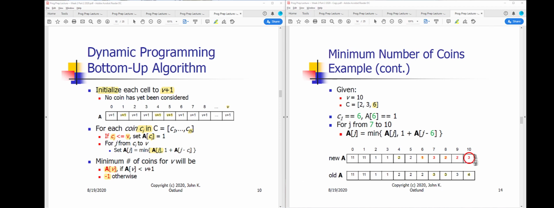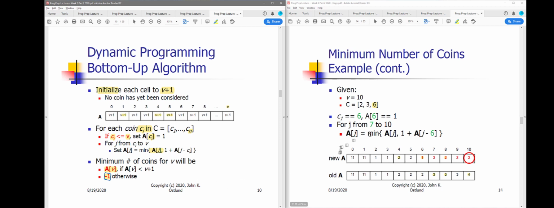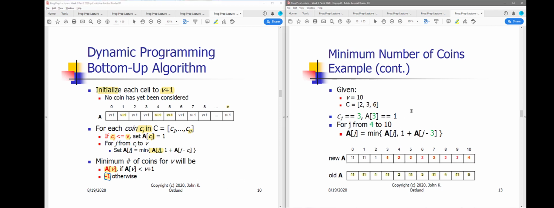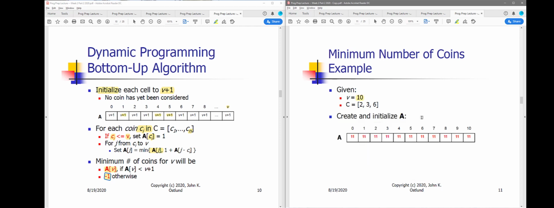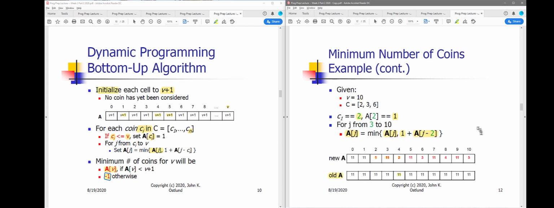It could happen that the final slot in this array contains the value 11 still. And in that case, we'll return -1 to indicate that we cannot make change. What would be an example? Well, we have a trivial example that we already saw. What if we asked for change for 9 cents and the only coin that we had available to us was 2-cent coins?